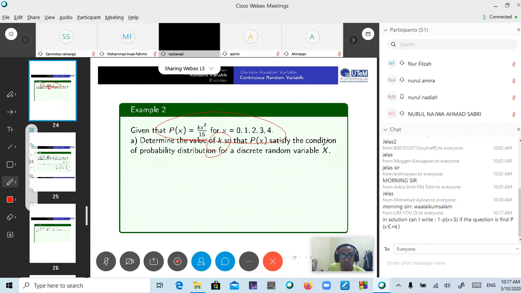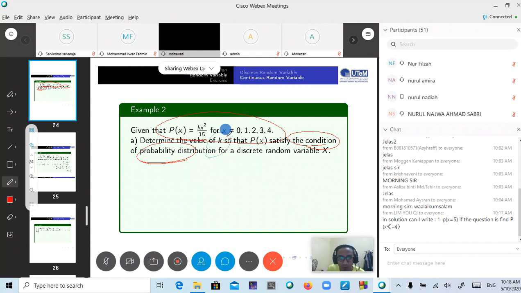So we need to know what the conditions for a probability distribution are. There are only two conditions. The first one is that the summation of probability equals 1. Then the value of each probability must be between 0 and 1. So in this case, you want to find the value of K.